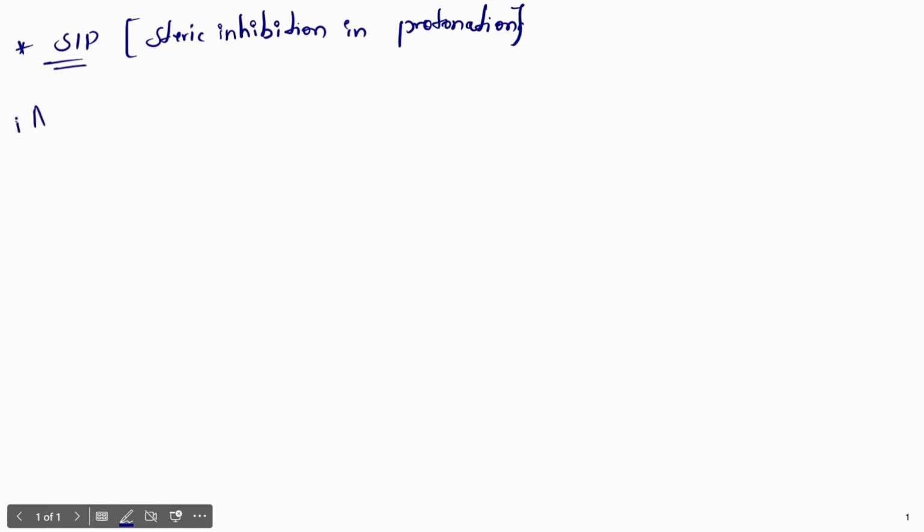Next application is SIP, that means steric inhibition in protonation. This is seen in primary aromatic compounds.